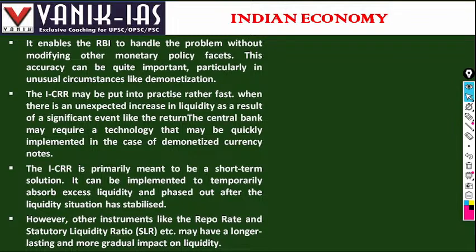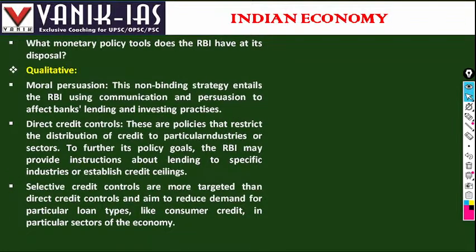It can be implemented to temporarily absorb excess liquidity and be withdrawn after the liquidity situation has stabilized. However, other instruments like the repo rate and the statutory liquidity ratio may have a longer lasting and more gradual impact on liquidity. What monetary policy tools does the RBI have at its disposal?